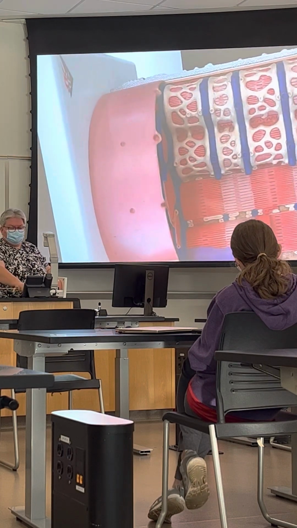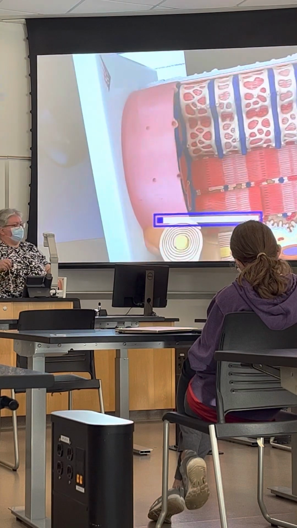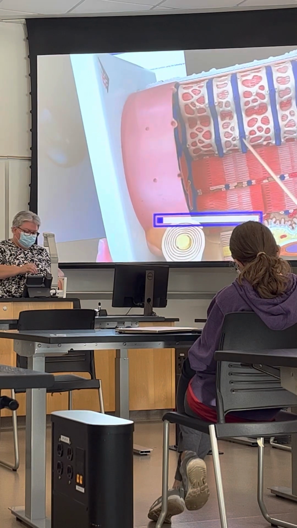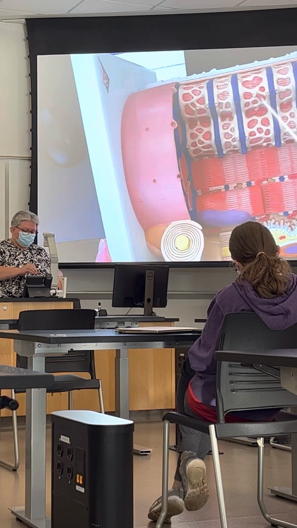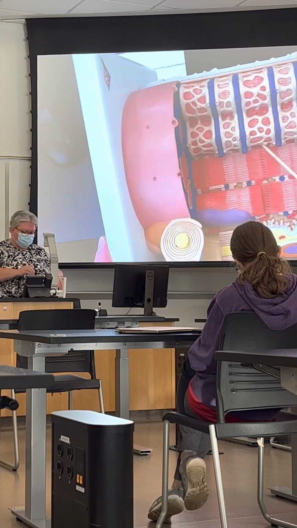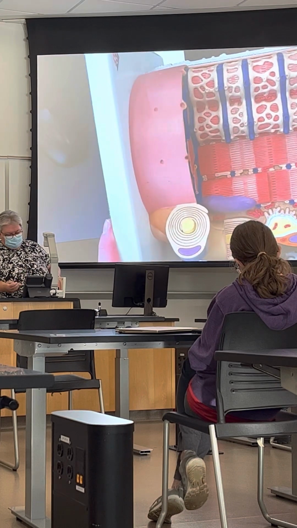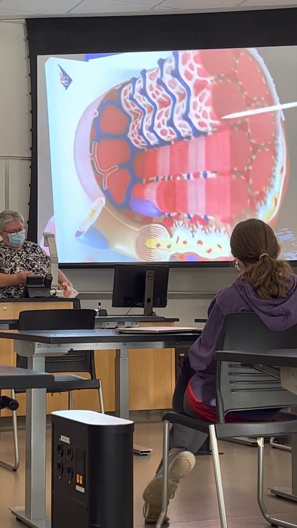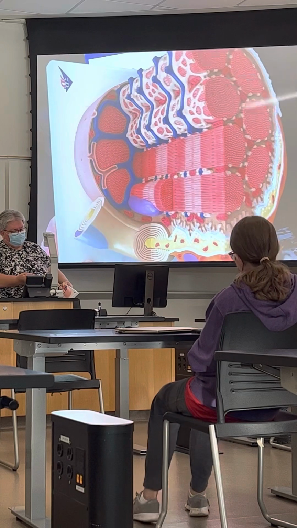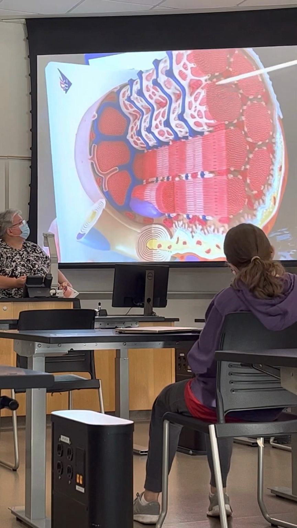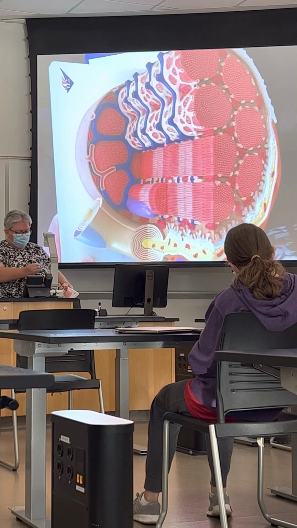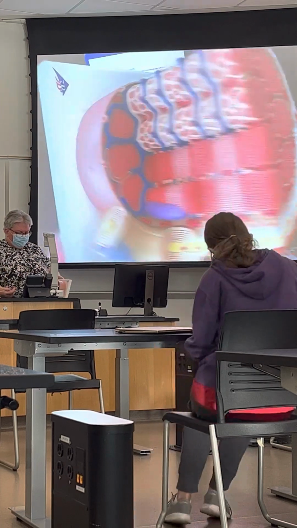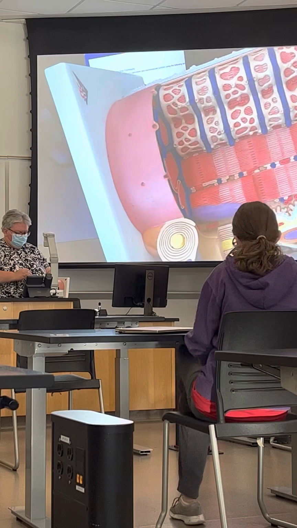On this model, the T-tubules are in dark blue, and the sarcoplasmic reticulum is this beige netting here. Again, we've got the myofibrils, the myofilaments here, and this whole thing is the myofiber. Here are our nuclei.